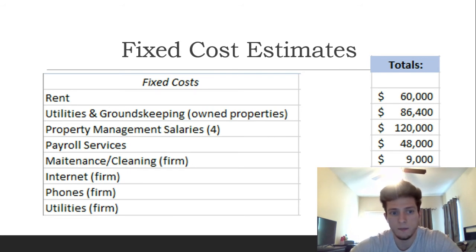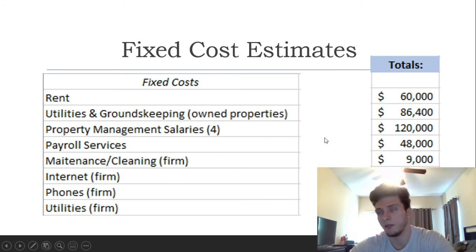And then I was assuming that we would pick up a property management team or somebody else to take care of it, given that I'm supposed to be assuming that I'm a broker at this firm and I probably wouldn't want to be doing everything. So I estimated about 4 people. The average salary was, I think, 50,000 or something like that.